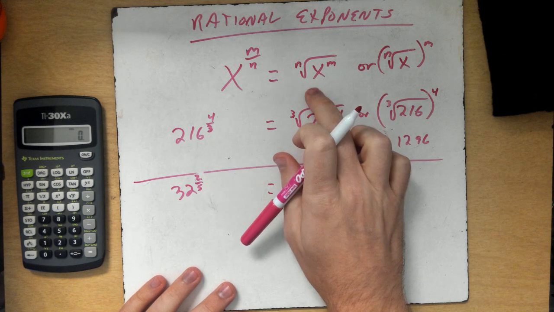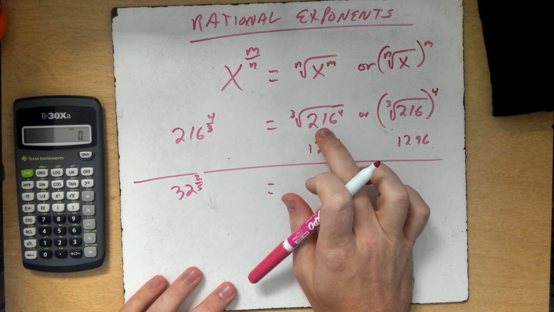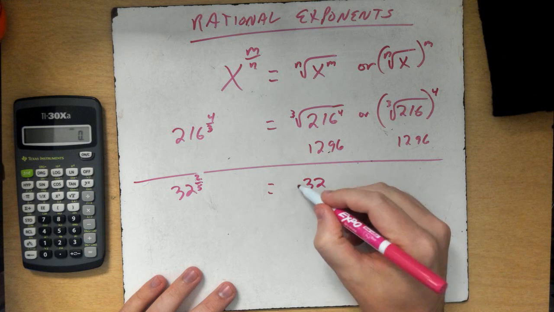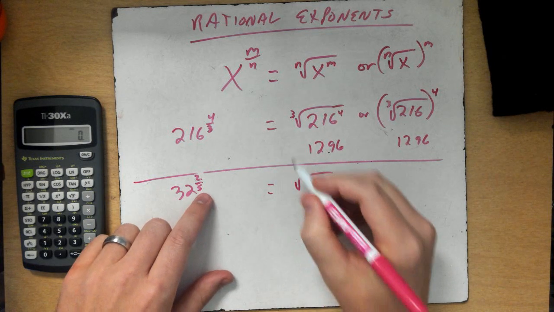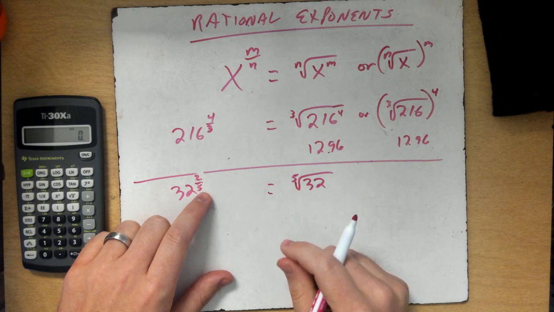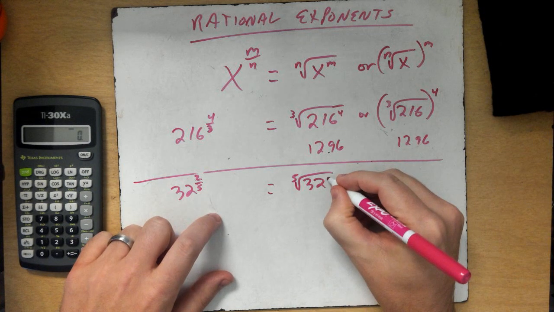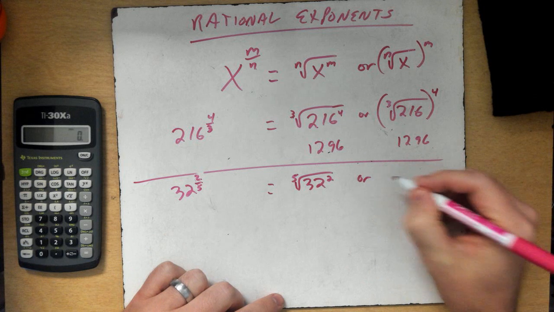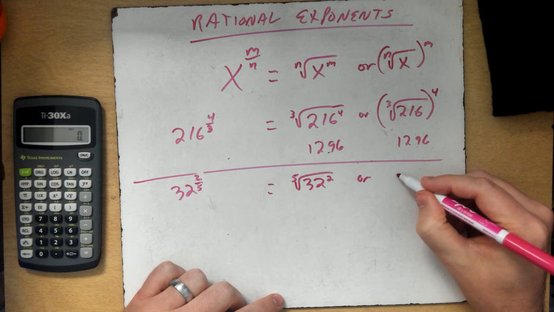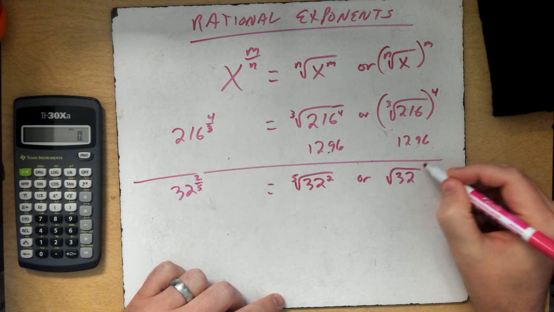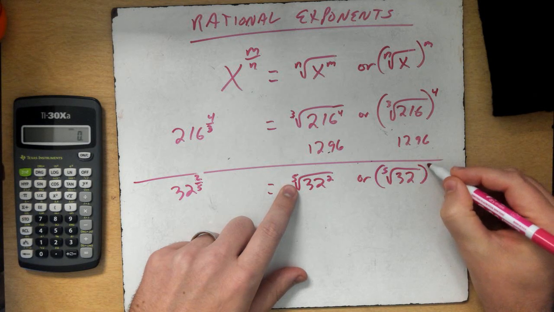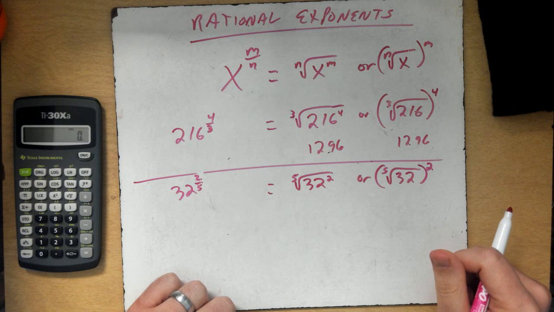So we're going to do 32. Now our bottom number is 5, so that's going to go here, and our top number is 2, that's going to go here. Or, I'm going to do 32 root with our 5, but then put this whole thing in parentheses squared.